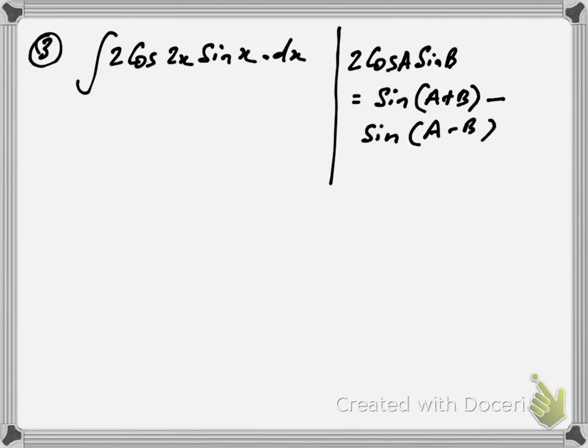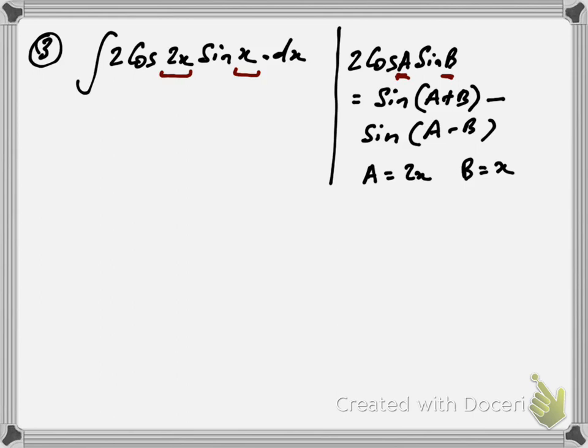Sorry, I ran out of space, so I've written it this way. So a from the left hand side is 2x and b is x, as you can see. That comes from here and here, a cos a and sine b.